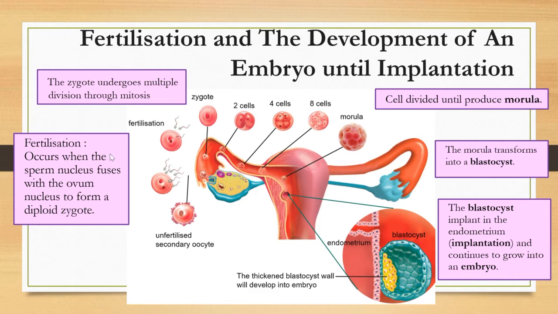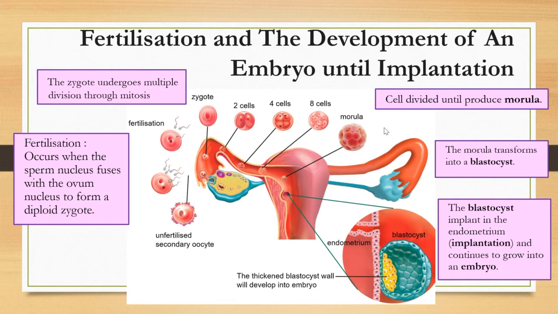Fertilization occurs when the sperm nucleus fuses with the ovum nucleus to form a diploid zygote. So this is the full definition of fertilization. If in the exam you have to define fertilization, write it like this: it is a process that occurs when the sperm nucleus fuses with the ovum nucleus to form a diploid zygote.